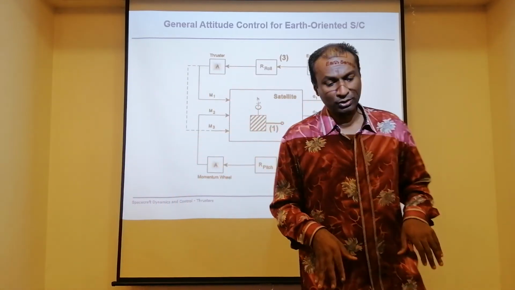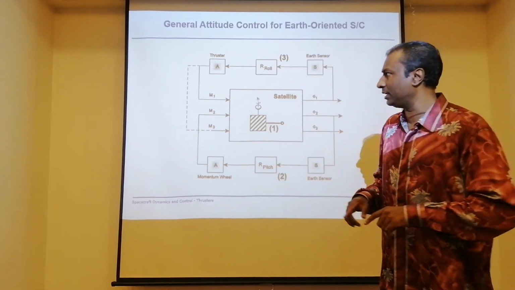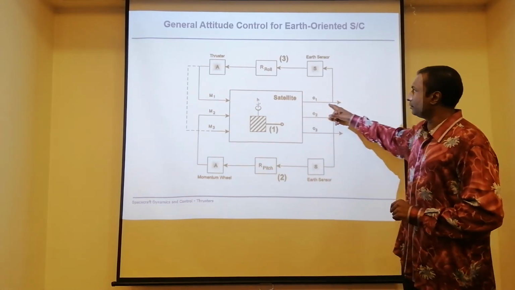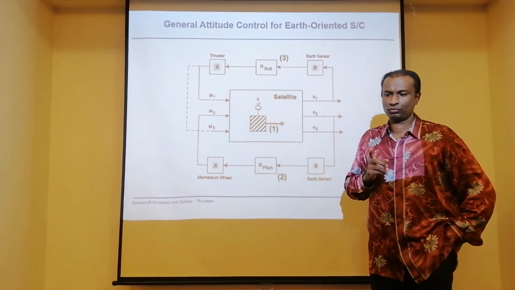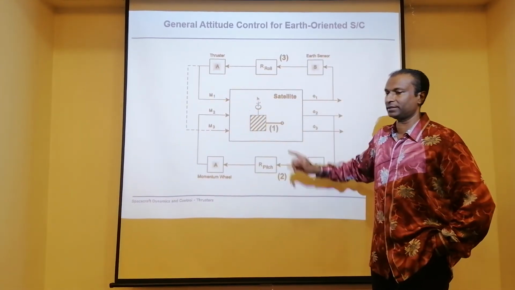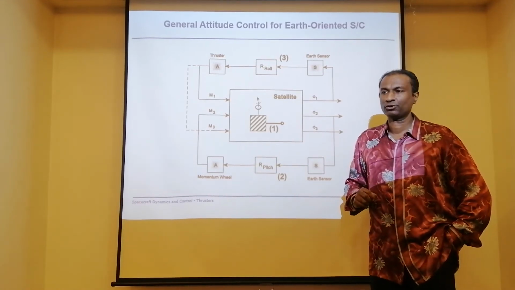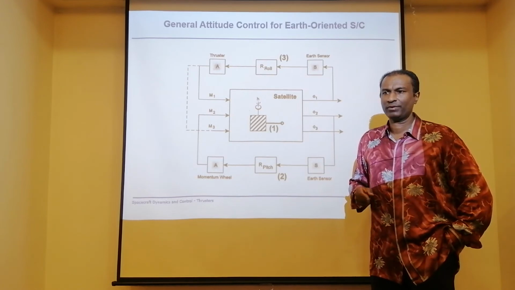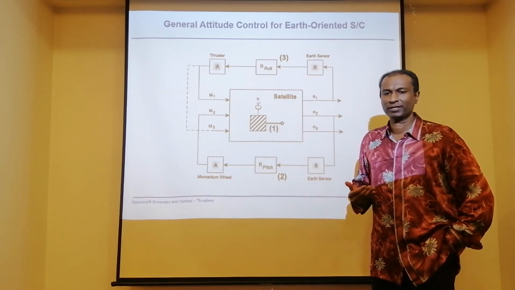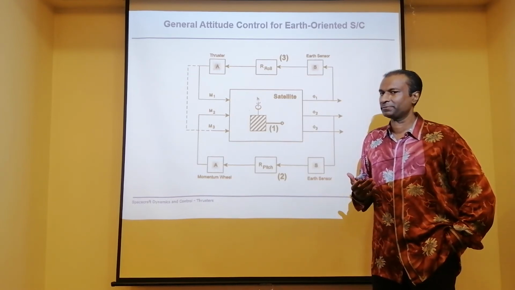So depending on what you want to do, but remember this option of controlling the roll via thruster. It is going to be an expensive option because when the thruster is on, you are going to consume fuel. So it is expensive in that sense.